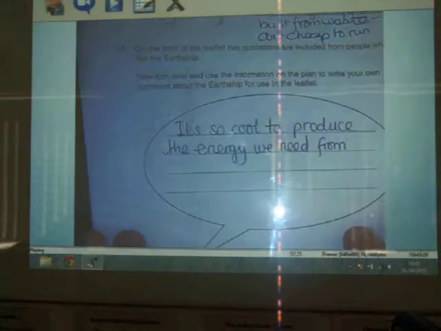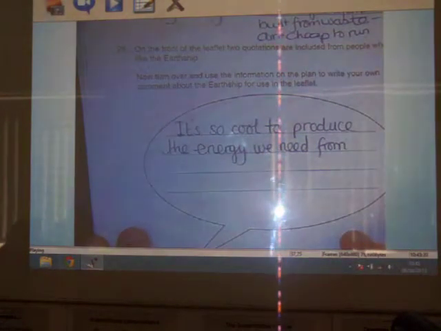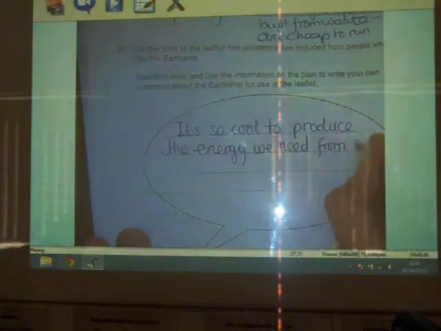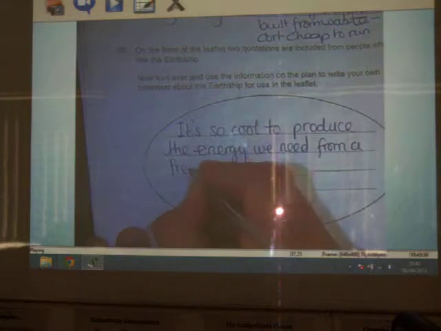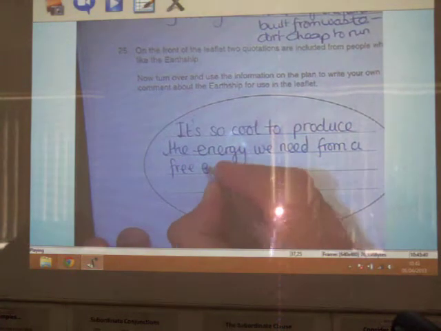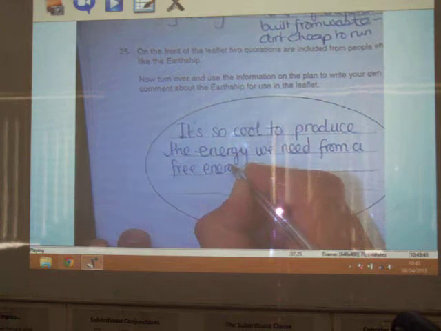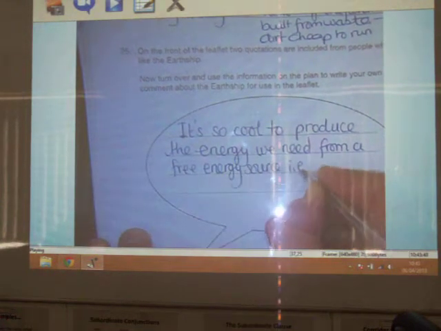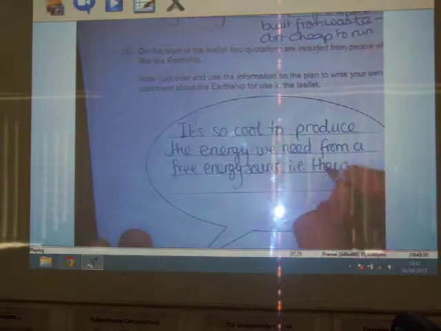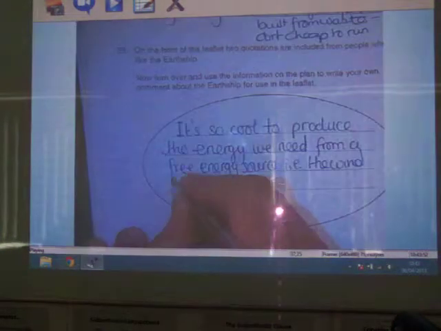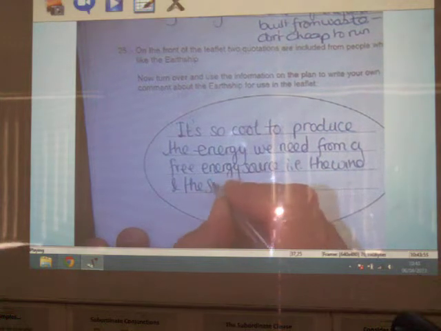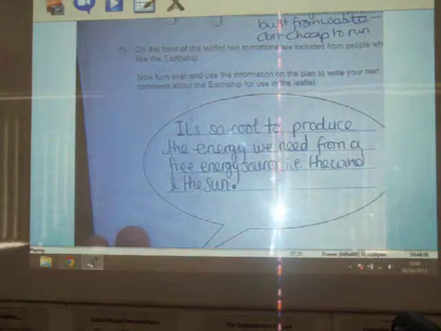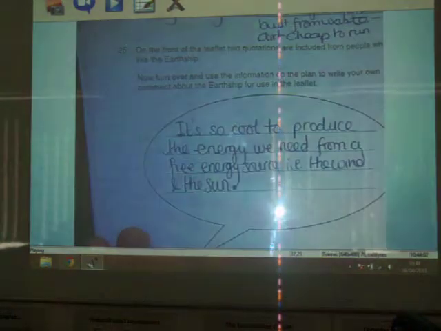Now, do we pay any money for the sun? No. Or the wind? No. So it's like a free energy source, isn't it? So we're getting all the energy we need from a source that we don't pay money for.